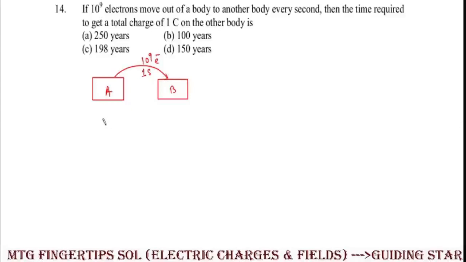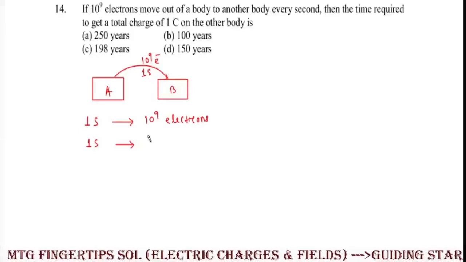Clear? So in 1 second, how many electrons are moving? 10 to the power 9 electrons. If 10 to the 9 electrons move in 1 second, then how much charge has moved in 1 second? Electrons are negatively charged particles.